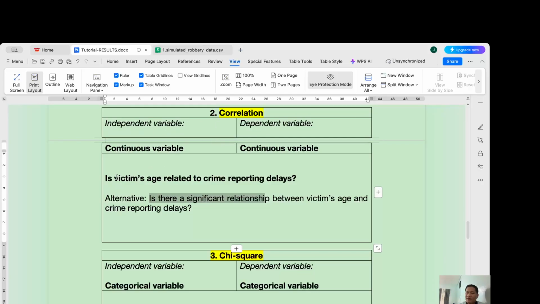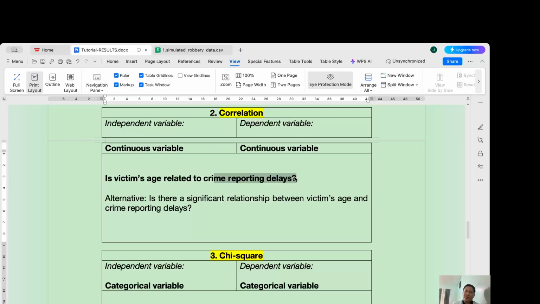So for example, if the relationship between victim's age and reporting delays is positive, we can interpret it as: when victim's age increases, crime reporting delays increase. So the older the victim is, the longer will be the reporting delay. That's the positive relationship, because if one variable increases, the other variable increases.